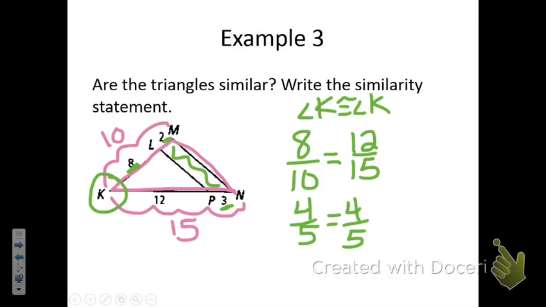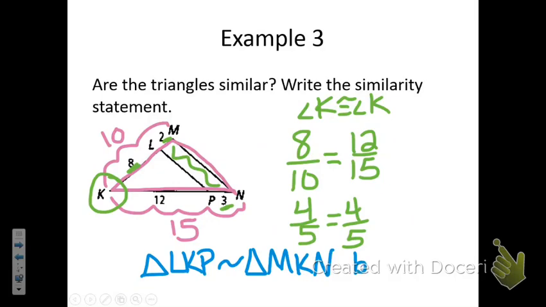We need to write the similarity statement. So I'm just going to name the first triangle LKP. Then what does the second one need to be called? LKP. MKN. Good. And this is by the side angle side similarity.